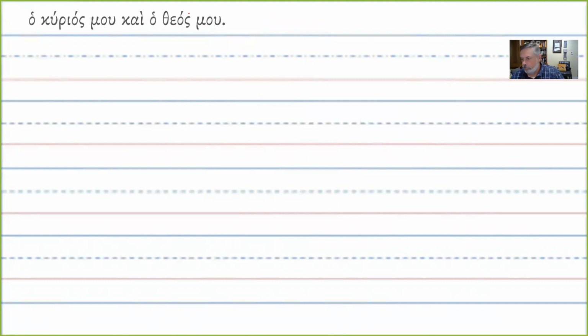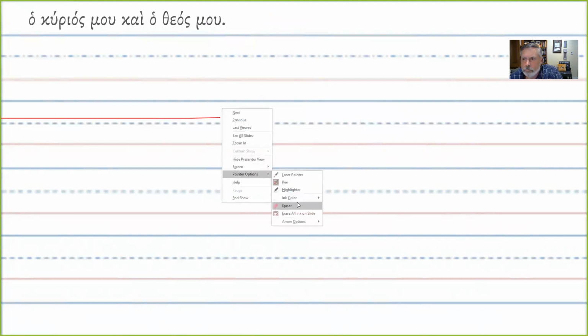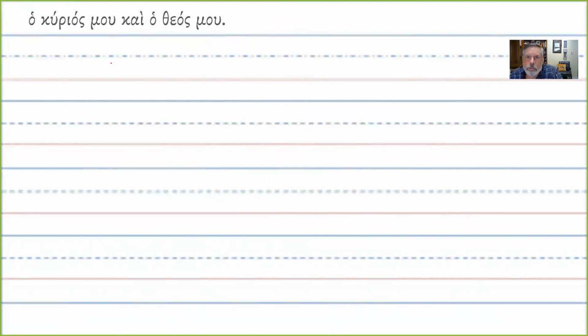Try it with my mouse, see if it'll be easier. Okay. All right, so again, let's see, there's my nominative, ho kurios. Mou is the first person genitive, modifying kurios.